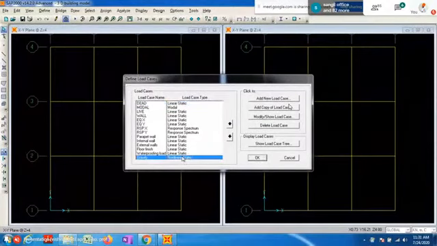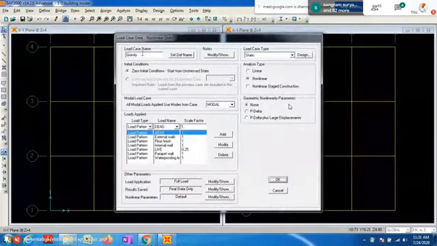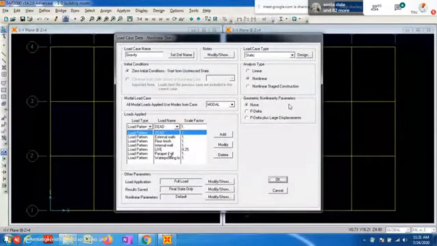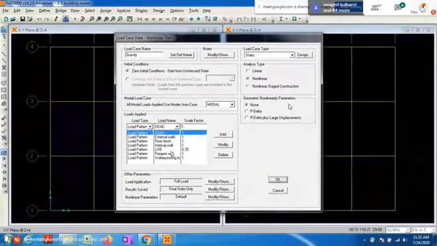Define this as a new load case. I have given this as a gravity load case, and it is static nonlinear. These gravity loads, which are always permanent on the structure, are added here: dead load, external wall, floor finish, internal wall, live load with reduction of 0.5, and parapet. Create it as a gravity load case.